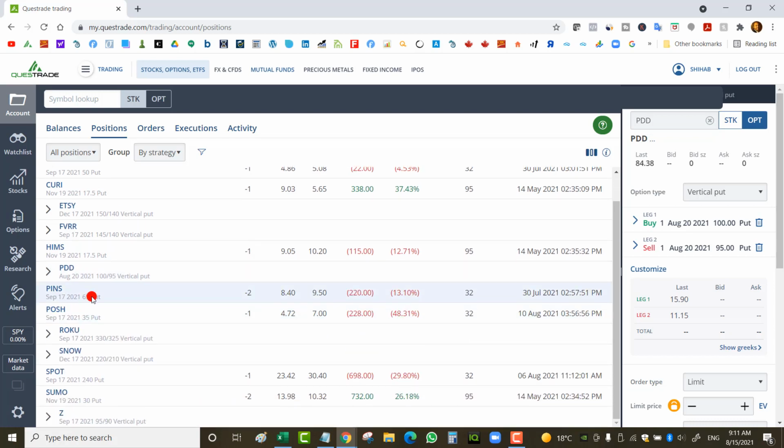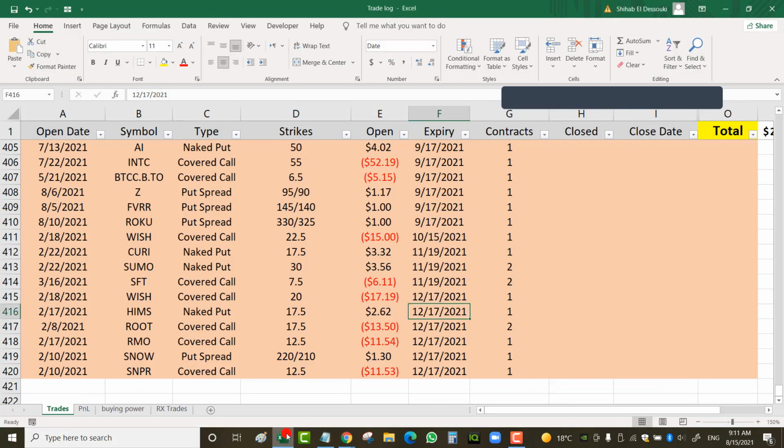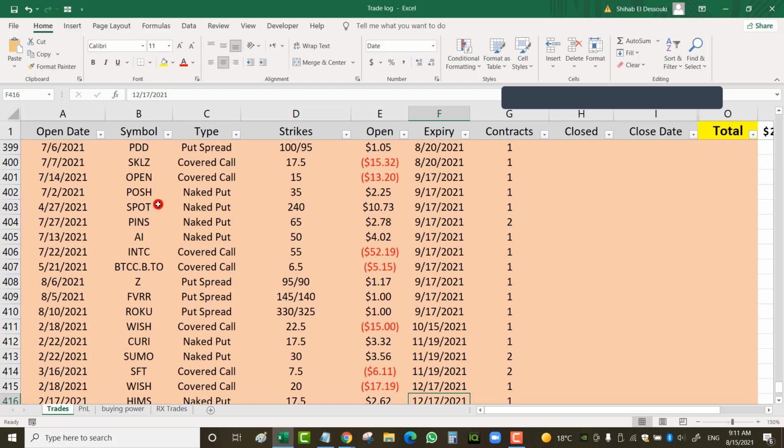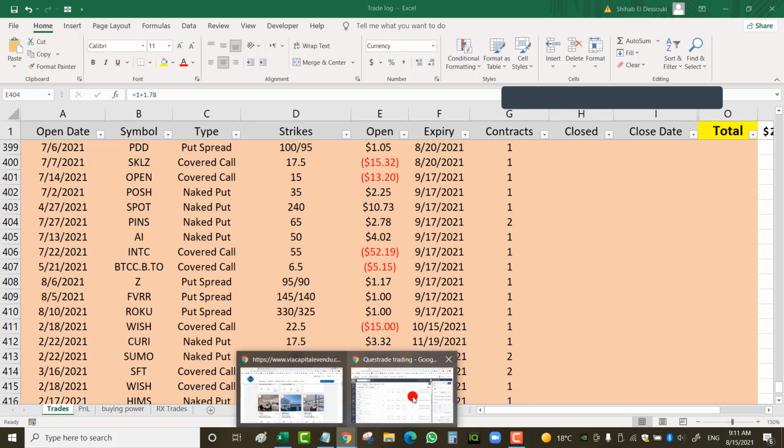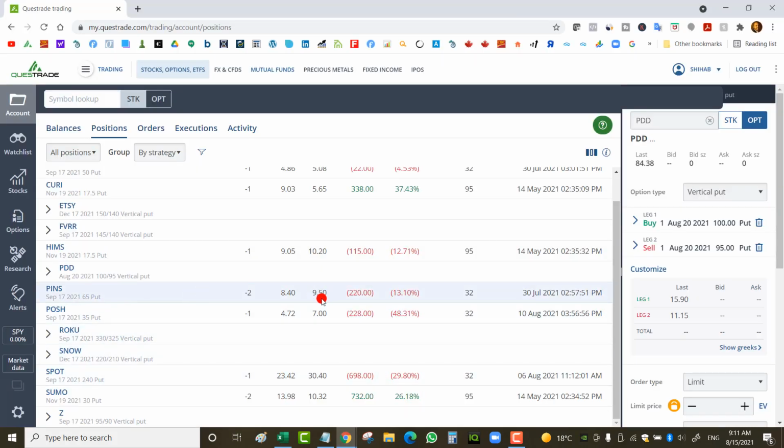I've got a Pinterest naked put here, 2 contracts. I did this before earnings when it was trading at around 75. It was actually showing a profit before earnings, but I didn't close it because of commissions, and now I totally regret it, because Pins is at 56 and I've got a 65 put. I collected a total credit of $278, and right now it's worth $9.50.